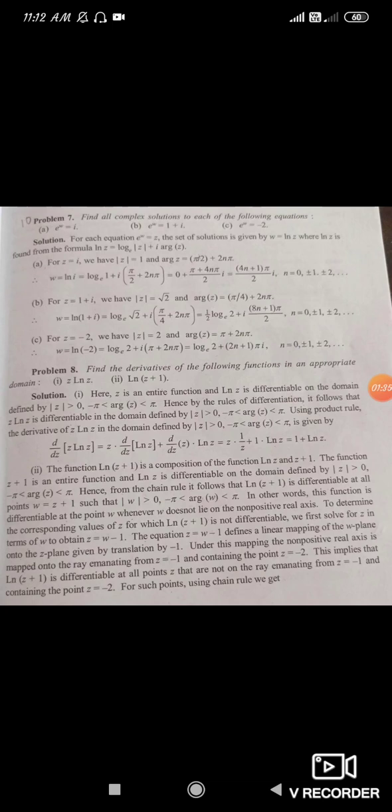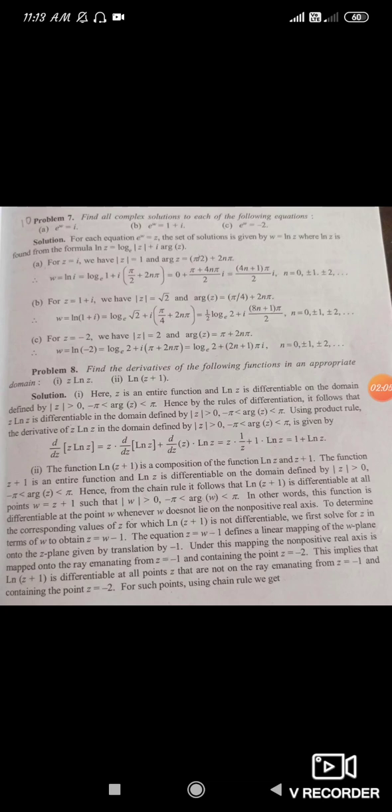So we will get w is equal to ln of 1 plus i, which is equal to log e root 2 plus i into pi by 4 plus 2n pi, which on simplifying we will get half log e 2 plus i into (8n plus 1) into pi, whole divided by 2, for all n equal to 0, plus or minus 1, plus or minus 2, etc.